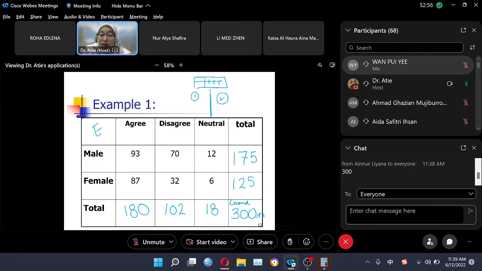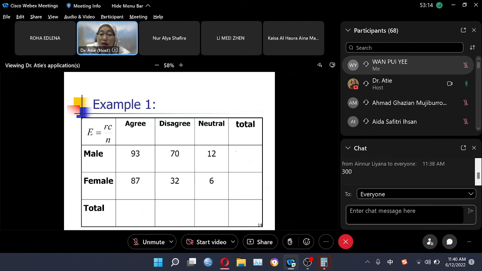That is the first step, which means we need to convert the question into the contingency table. Next, we need to calculate.